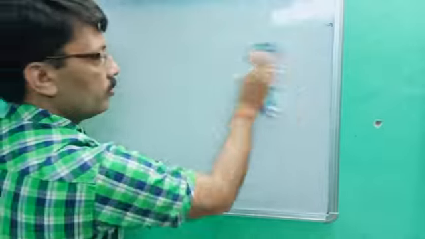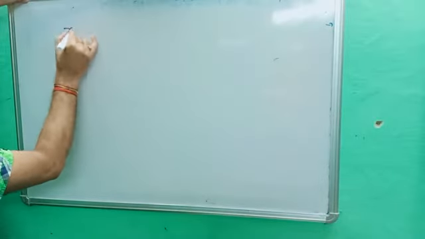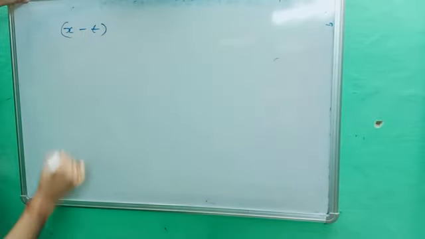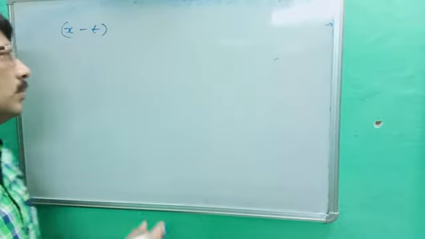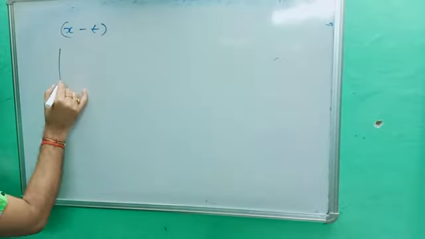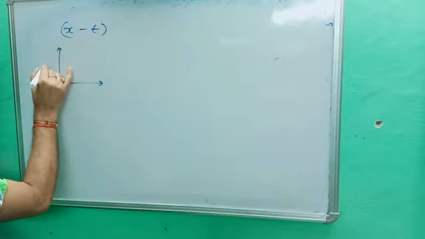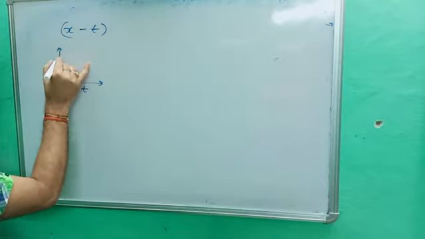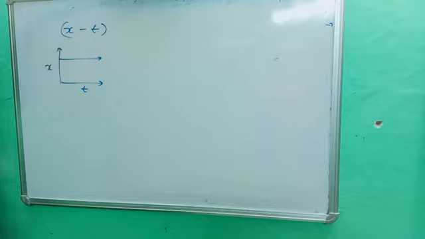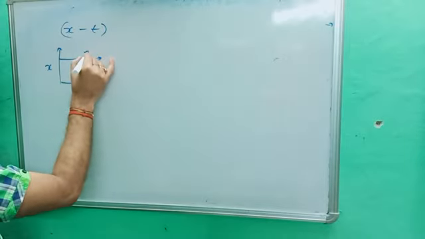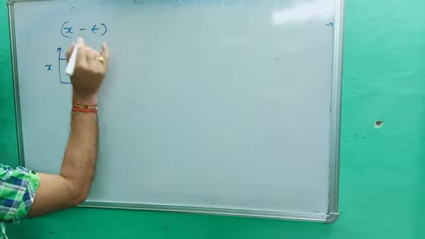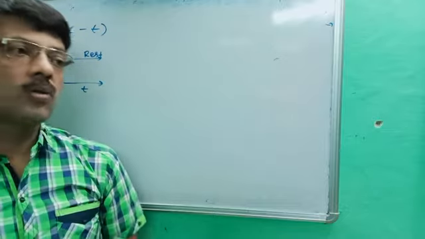First, let's suppose you are talking about the xt graph, the position and time graph. Suppose it is given like this: this is x and this is t, and you are getting a straight line. It means the body remains at rest. Very important, note down the point.